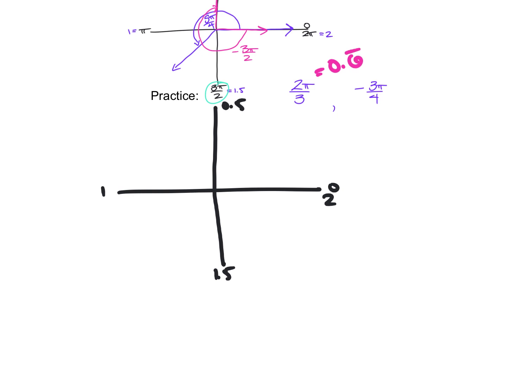So where's that going to fall? What quadrant? In between 0.5 and 1, and probably closer to 0.5, yeah? So that is going to be about there. And that's going to be my 2 pi over 3. How did we do with that one?